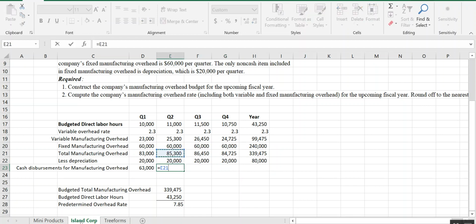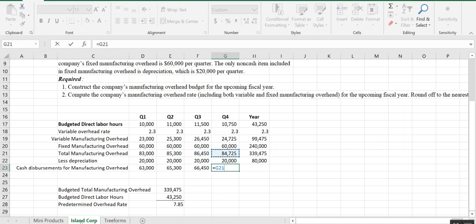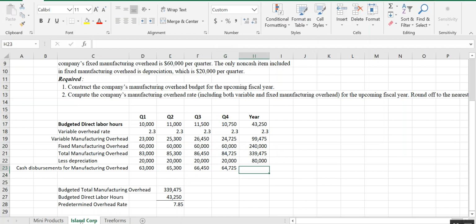So we take the total overhead cost minus the depreciation, which is non-cash expense. So in total, the cash disbursements for overhead will be $259,475.